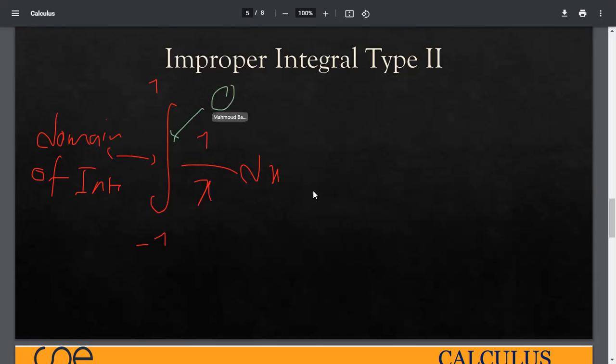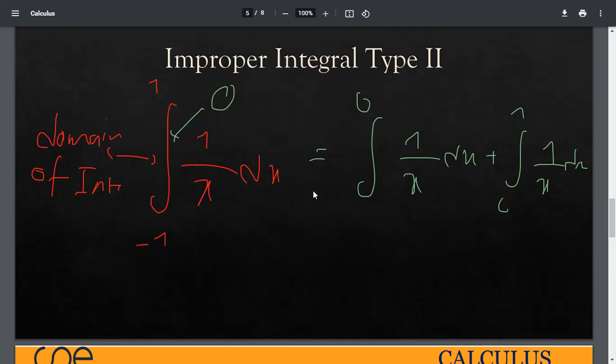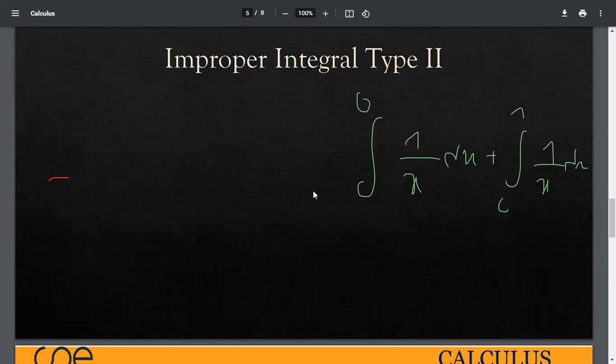And 0 causes an improper integral because the function f of x, 1 over x, is not defined at 0. It causes a vertical asymptote. So in this case, I need to split this integral: minus 1 to 0 of 1 over x dx plus 0 to 1 of 1 over x dx. This way I will have two improper integrals, however I won't have any values in the domain where my initial function, in this case 1 over x, is not defined.